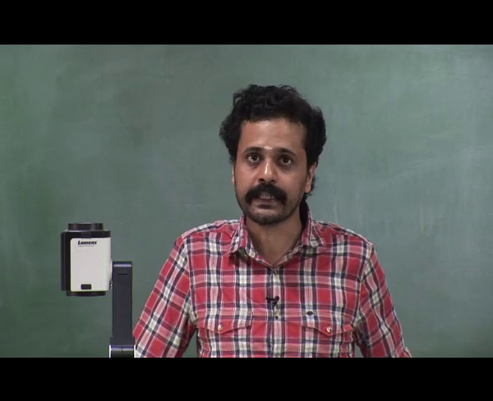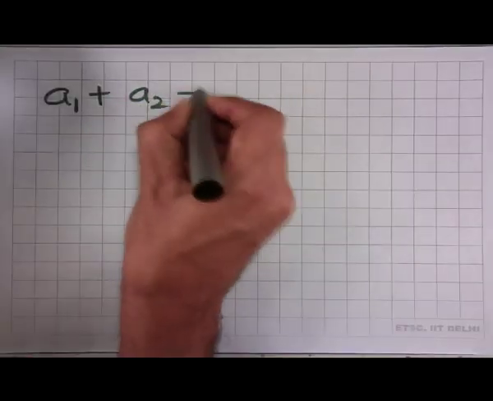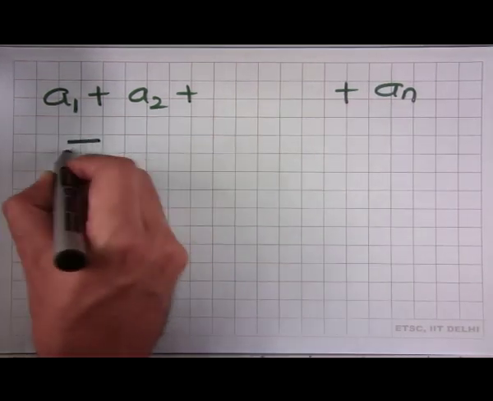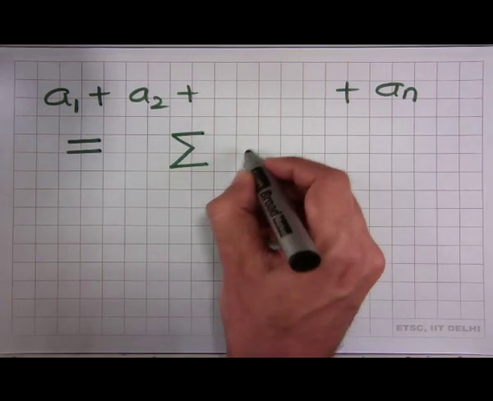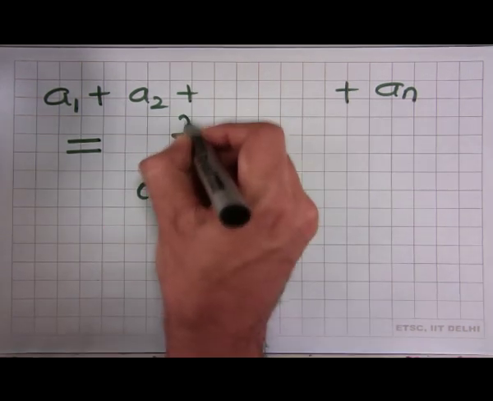Let us recall the notation we introduced for the sake of simplifying sums, namely the sigma notation. a1 plus a2 plus etc. plus an can be written using sigma notation as summation ai, i equal to 1 to n.